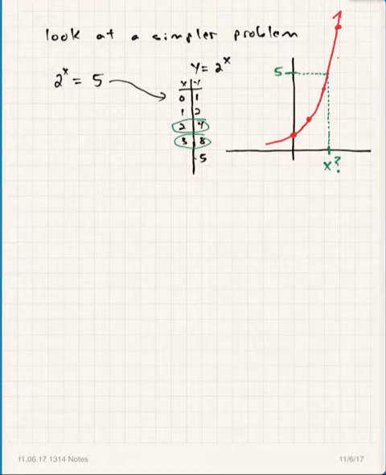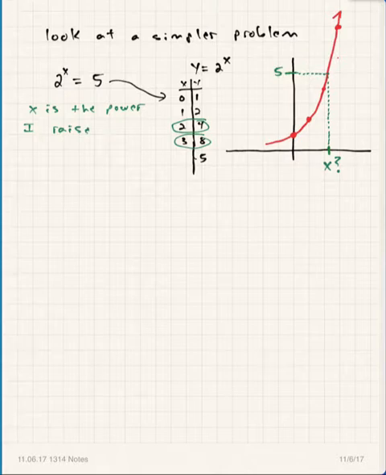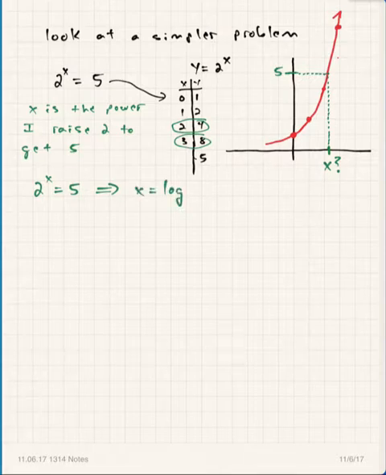And so what we do is we use a new notation here. When I write 2 to the x equals 5, where x is the power I raise 2 to get 5, we write this in this form: that x is logarithm base 2 of 5.